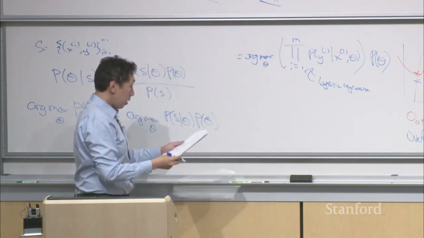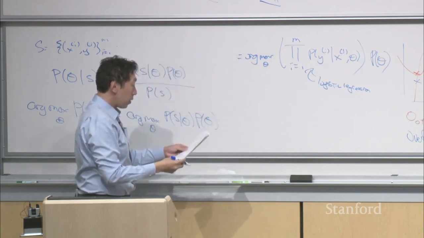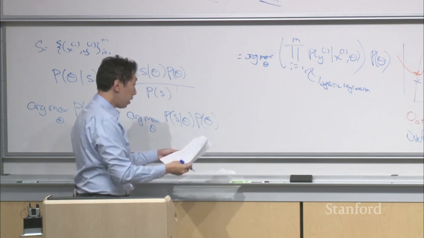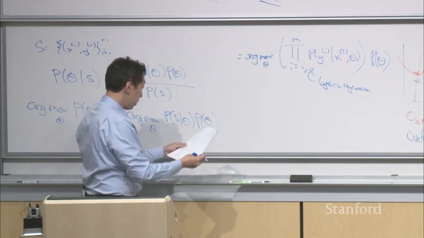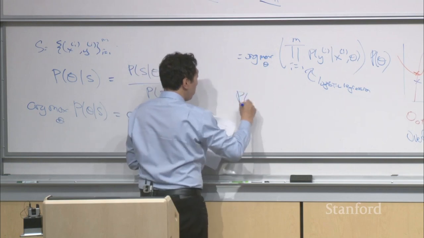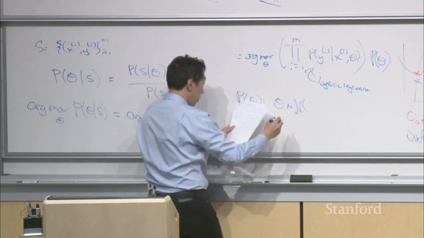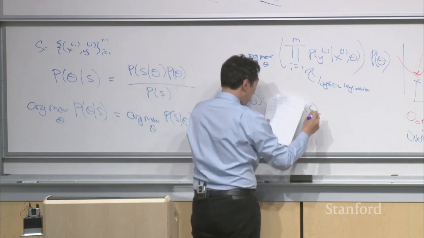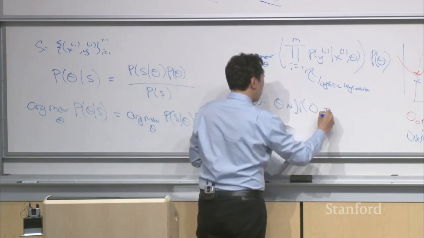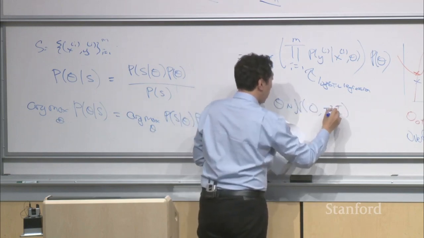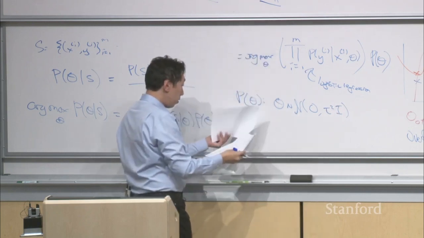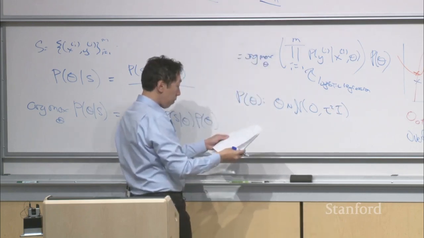And it turns out that if you assume P of theta is Gaussian, so the prior probability on theta is Gaussian with mean 0 and some variance tau squared I.